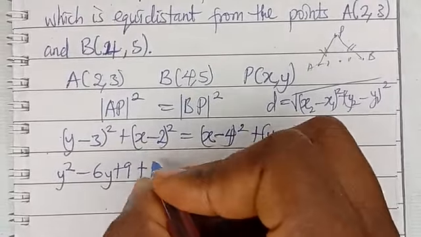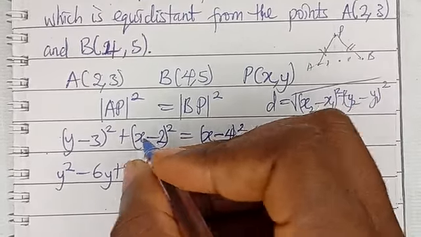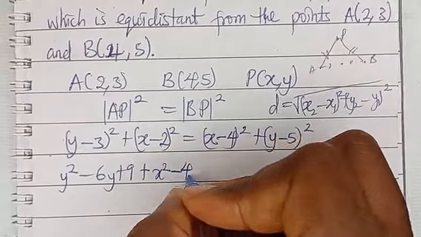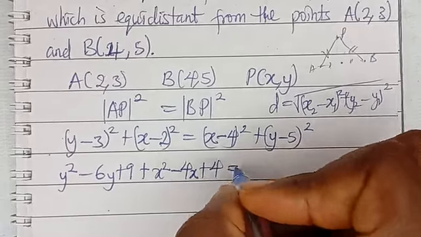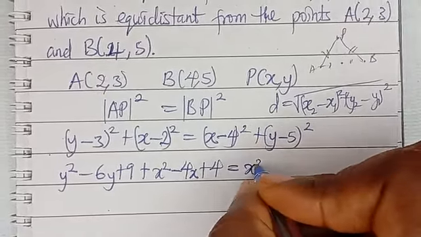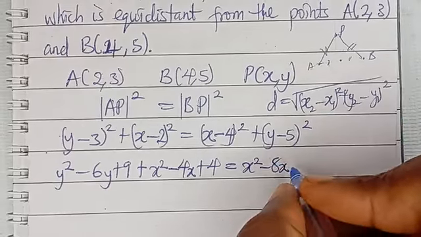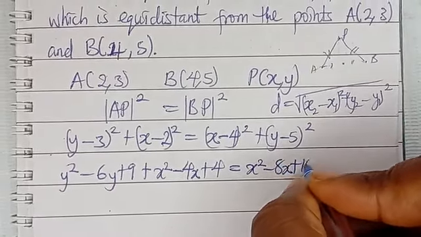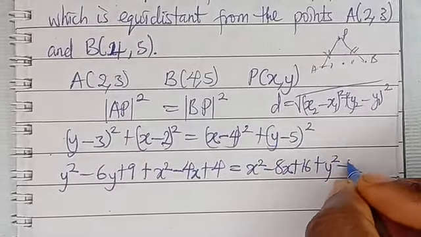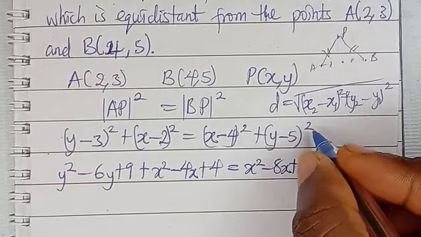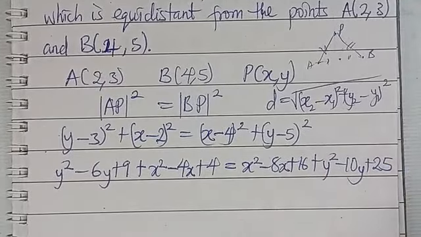Bring down this plus, and then x squared, 2 times minus 2 times x is minus 4x, and then minus 2 squared is plus 4, is equal to x squared minus 8x, and then plus 16, we bring down this plus y squared minus 10y, and then plus 25.